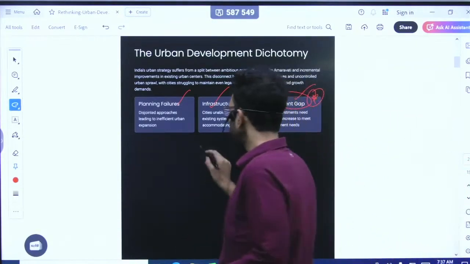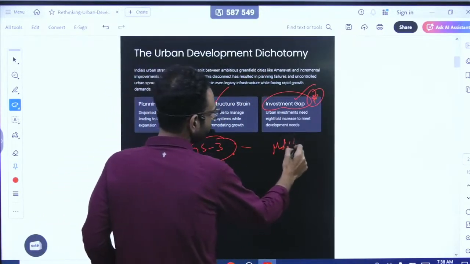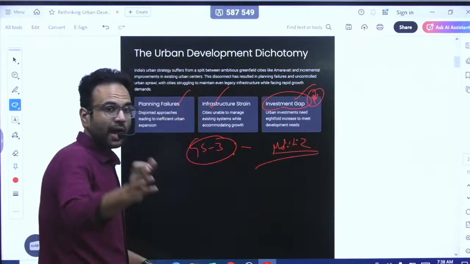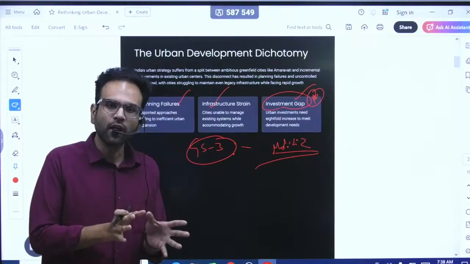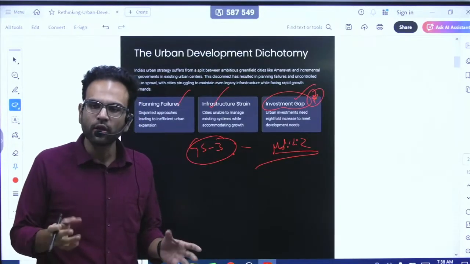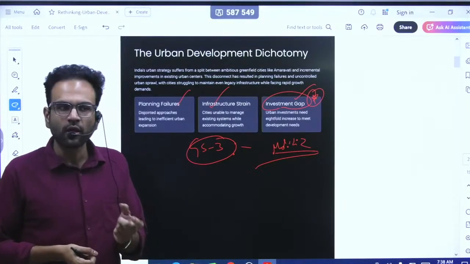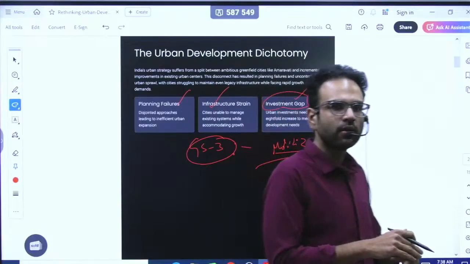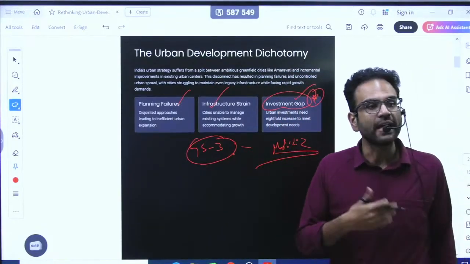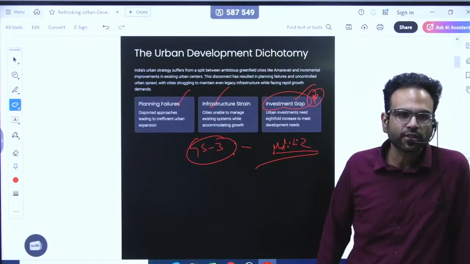So where will you see this? This can be a question in your GS3 where there is a topic called mobilization of resources. So they might ask you a 10 marker on the methodologies that cities can use to mobilize finances. This can be about municipal bonds, green climate funds at a local level, strategies for raising money for local governments given the fact that they don't have taxation powers.